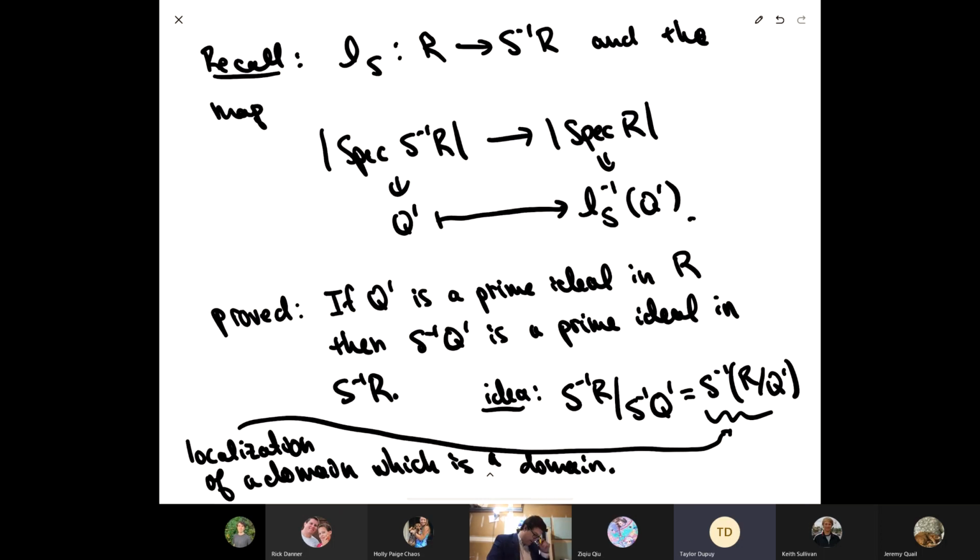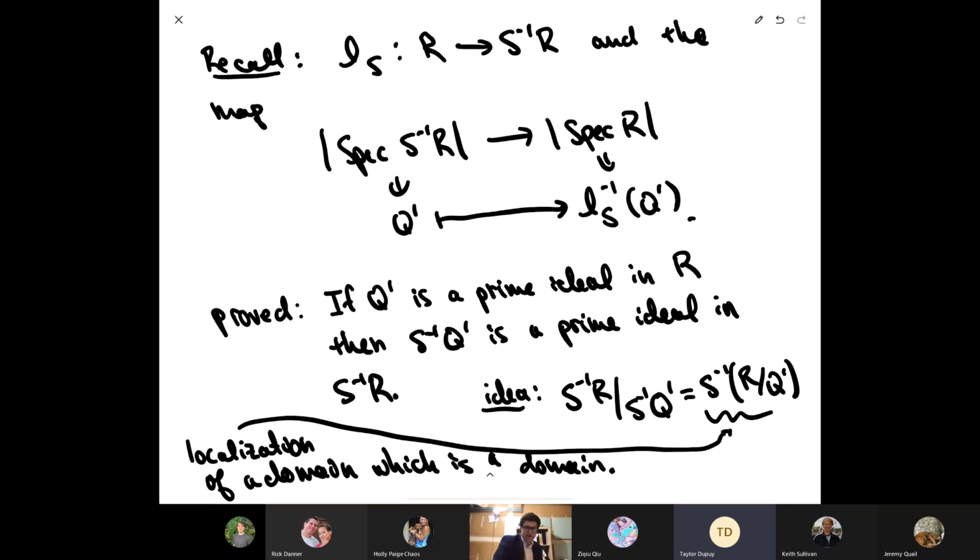Let me say a little bit more about this. Note that S is a subset of R, and here we're localizing R mod Q prime. Tell me if you want me to go back, because you guys can't flip through. When L_S takes R to R over 1, yep, R goes to R over 1.